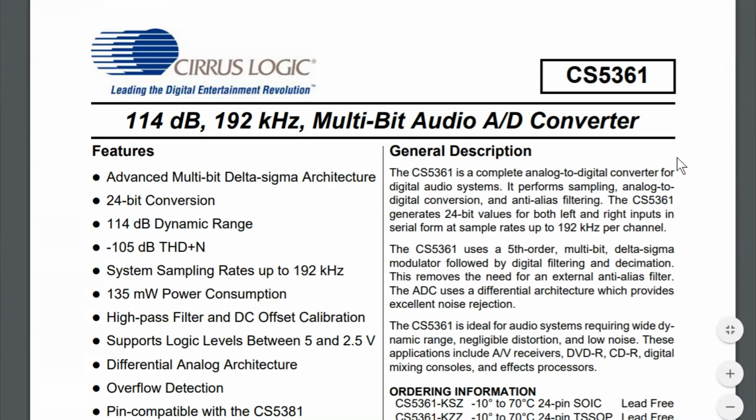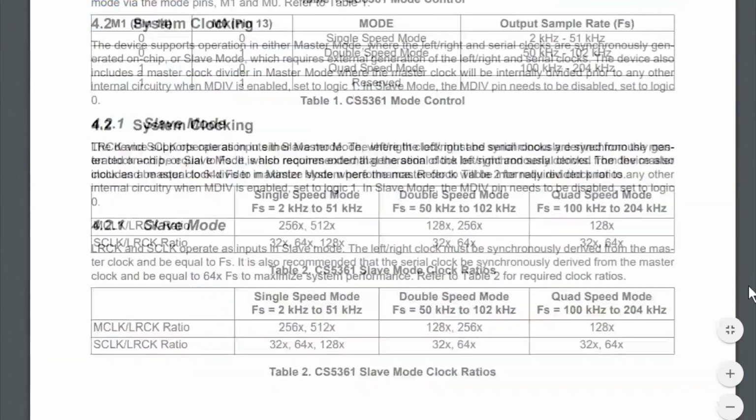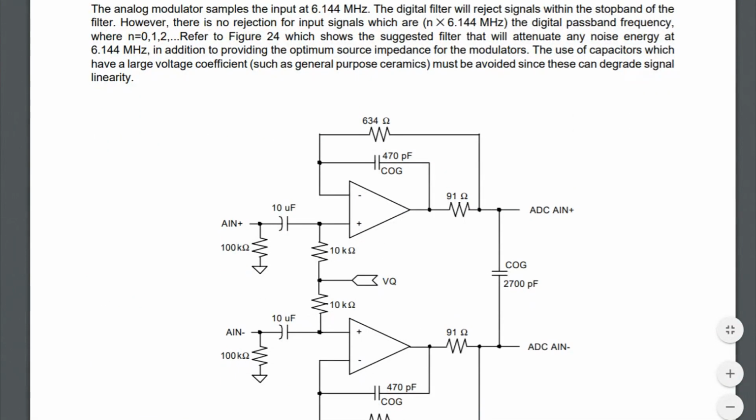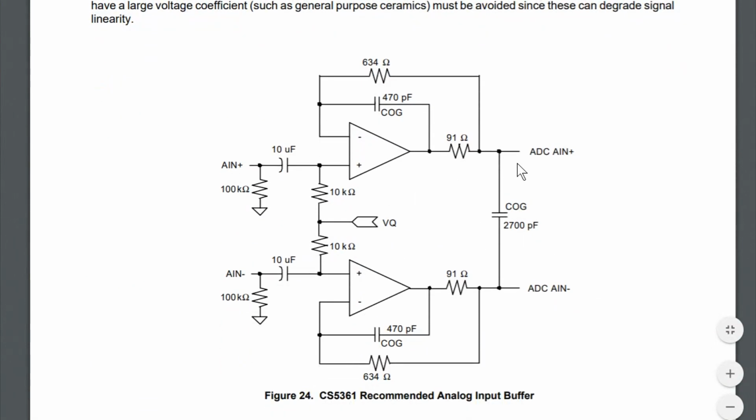So if we take a look at the data sheet for the analog to digital converter, you can see it has quite nice specs: 114 dB dynamic range, 105 dB total harmonic distortion plus noise. And if we look further down, there's a reference design for the analog front end for the input of the AD converter, and we can see we've got a couple of op amps here, some filters and stuff.